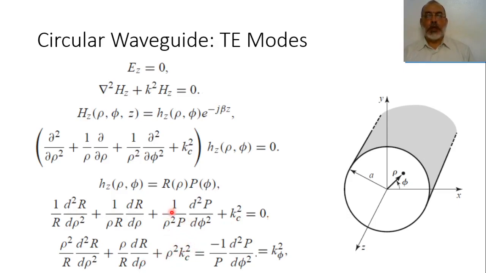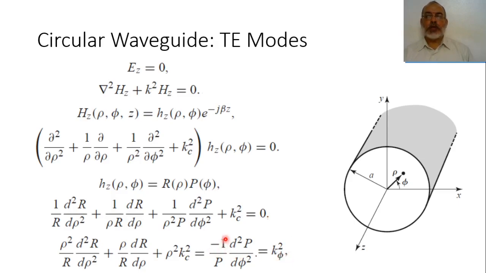This should equal negative of 1 over B partial squared B by partial phi squared. And this is a function only of rho, and this is a function only of phi. To make this value always equal this value for any rho and any phi, they should have a constant value. Let us assume it is k phi squared.